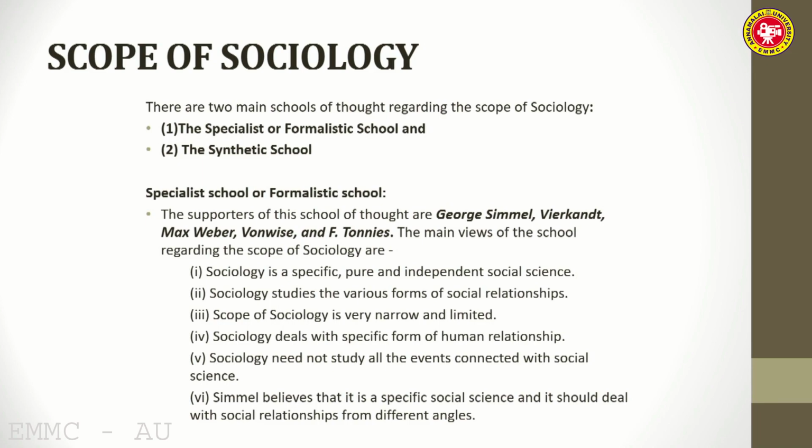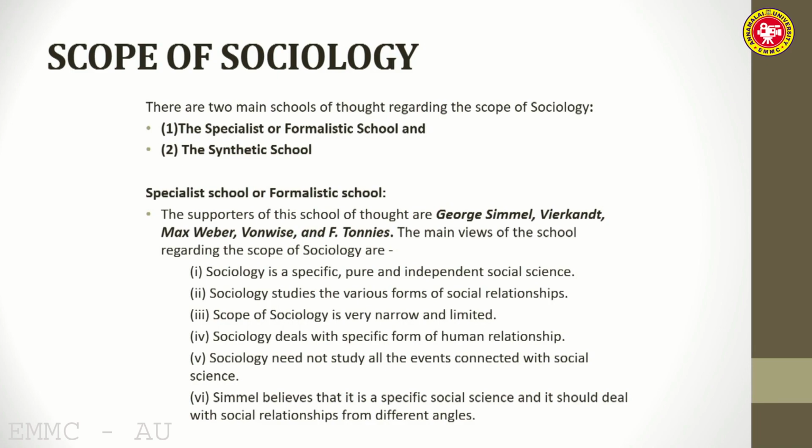The main views of the school regarding the scope of sociology. Number 1, sociology is a specific, pure and independent social science. Number 2, sociology studies the various forms of social relationships.